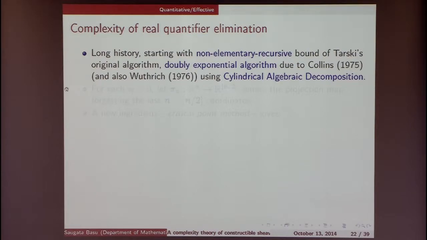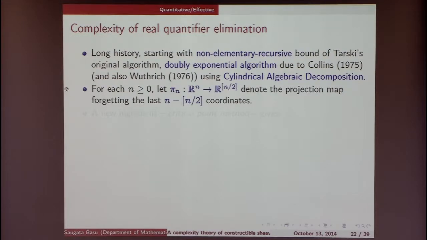Now, there was again a hiatus, and there was a new ingredient called the critical point method, which was developed by Grigoriev and Vorobjov. And this gives a singly exponential algorithm, but because I'm short of time, let me state this in a succinct way by introducing a notation. For each n, I will denote by pi n the projection which forgets half the variables in Rn.